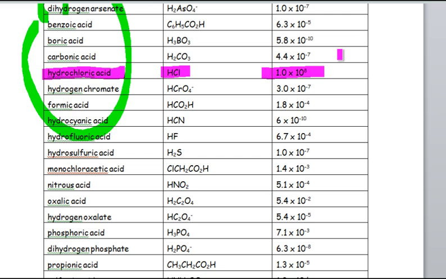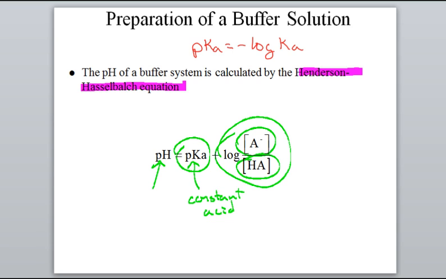So Ka is a constant, and pKa is determined from the Ka value of an acid. pKa looks very similar to pH, but it's the negative log of the Ka value. And if you plugged in the Ka values from that table, you would get values that range from about 1 to 14.